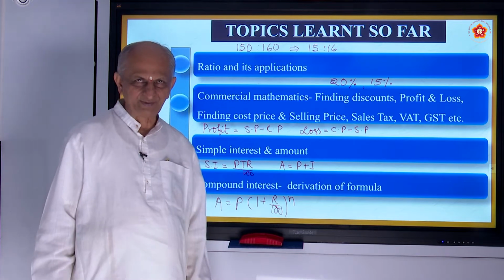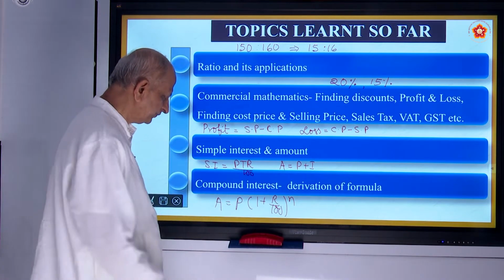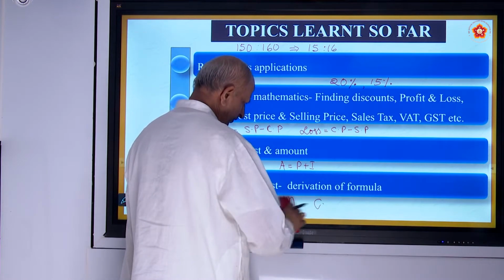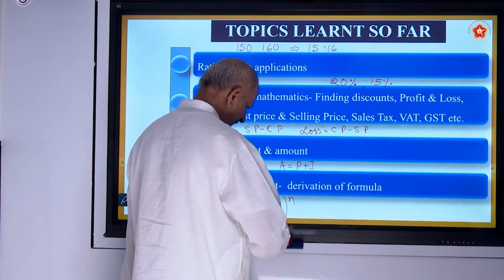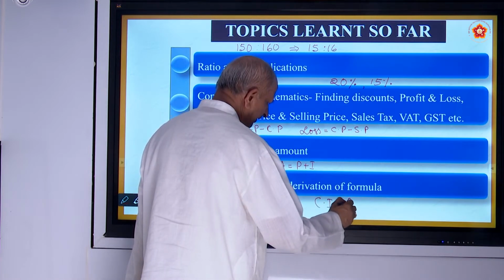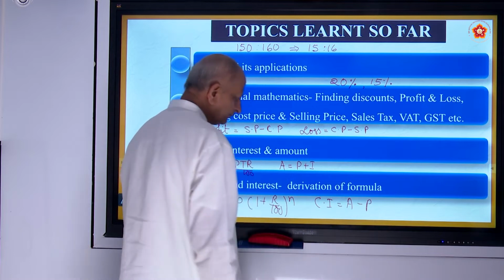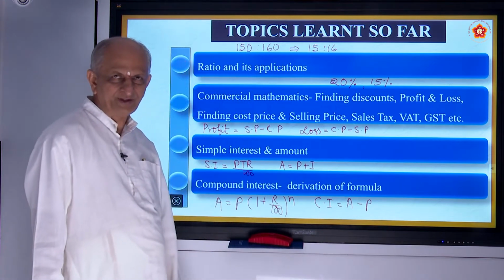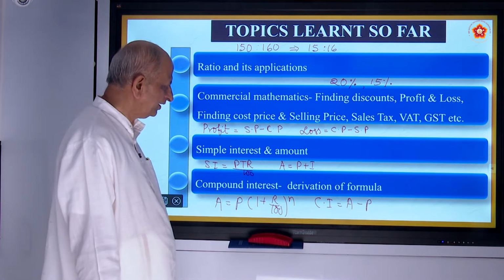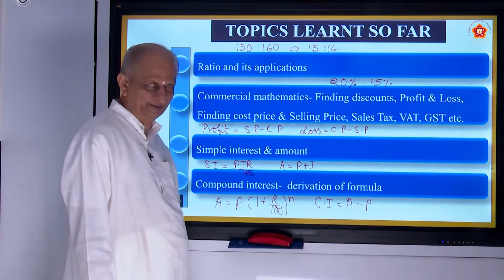Number of years. What is A? Amount. So, in this formula, if you want compound interest, we call it as CI. So, CI is equal to amount minus principal. Correct? So, these are the things we have seen in the previous classes.